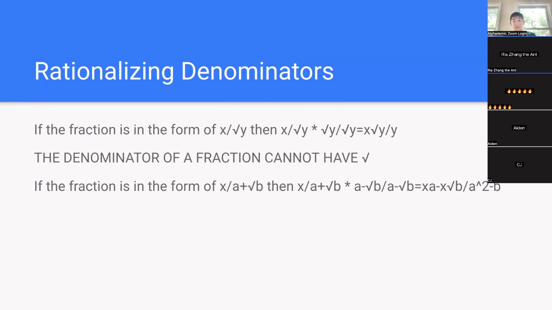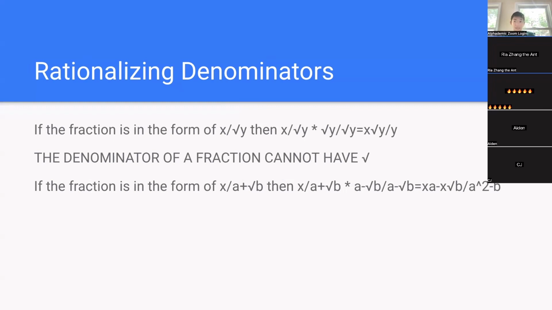I myself am not particularly sure of why they don't like it, but it's just something that we have to do. So first, if the fraction is in the form of x divided by root y, then it's pretty simple. You just multiply the fraction by root y over root y, which is also equal to 1. Then you get x times root y divided by y.